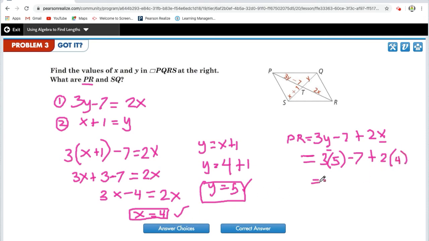So this will be 15 minus 7 plus 8. So 15 minus 7 is equal to 8, plus 8 is equal to 16, meaning PR is 16.